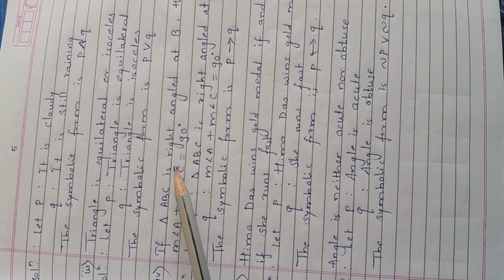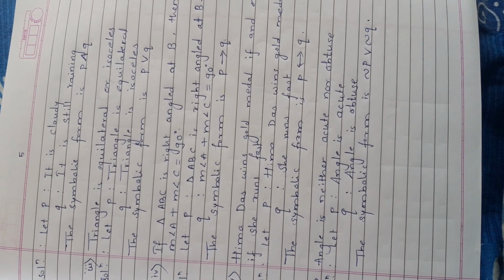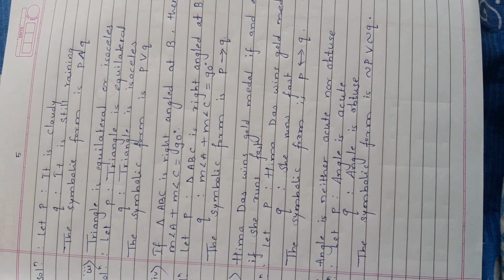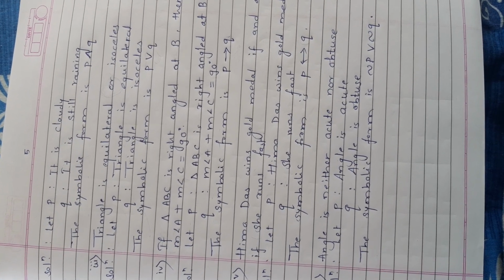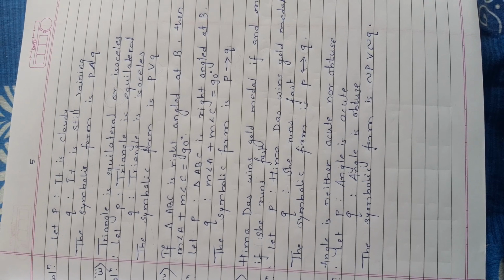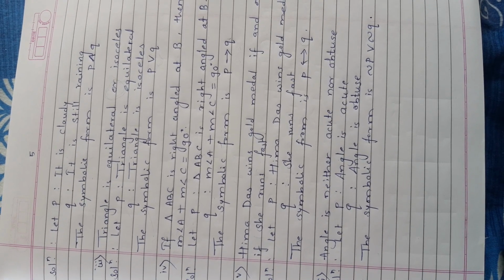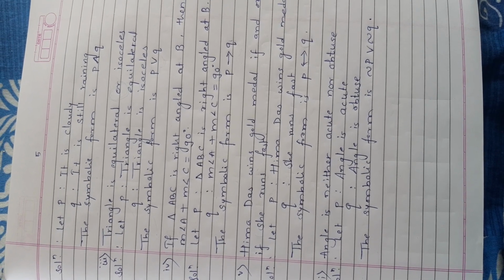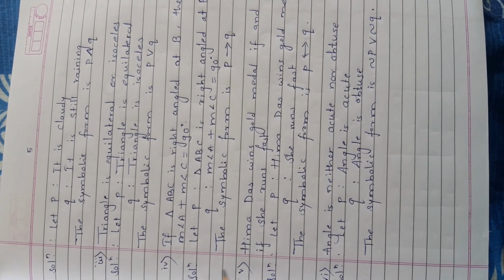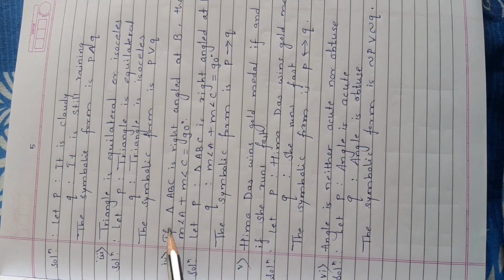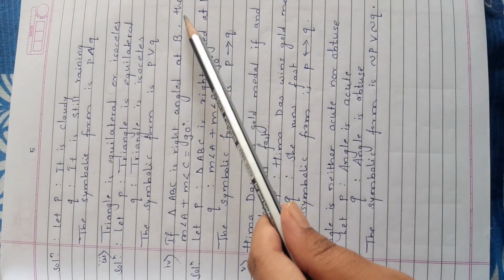If triangle ABC is right angled at B, then measure of angle A plus measure of angle C is equal to 90 degrees. You can see in this example, students, the logical connective 'if then' is used.